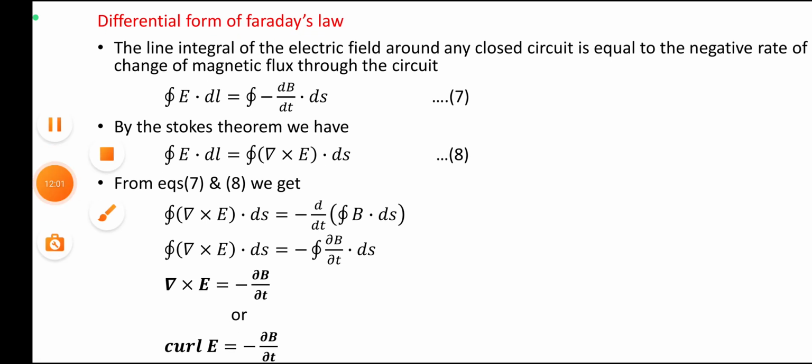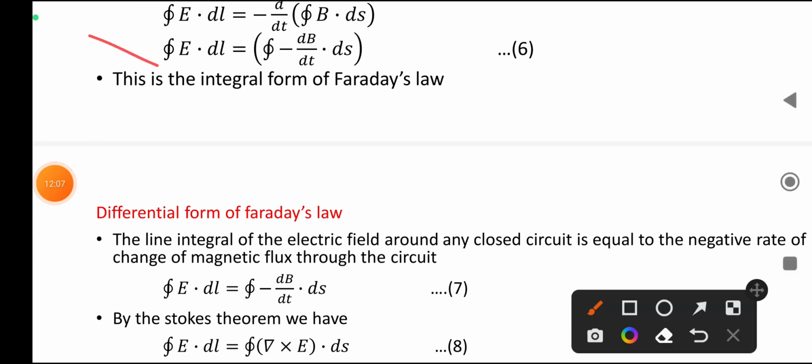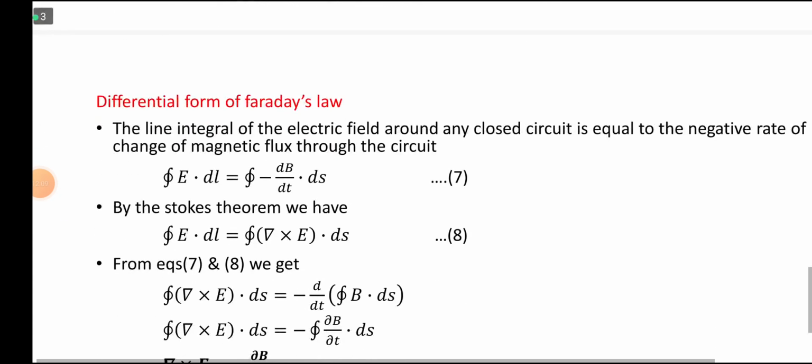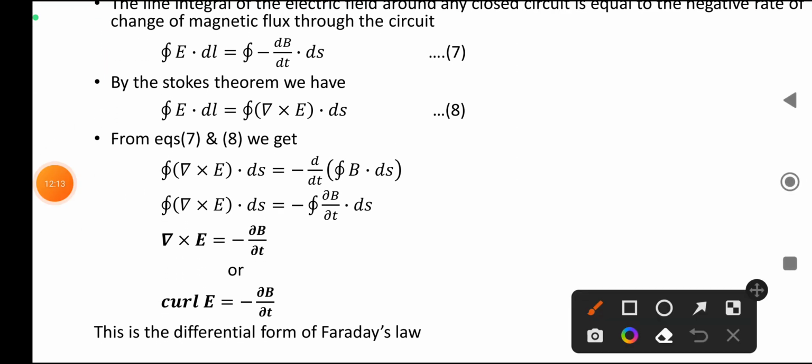Next, the differential form of Faraday's law. To calculate the differential form, we must take equation 6, the integral form. By using this only we can calculate the differential form. Now, integral of E dot dl is equal to integral of minus dB by dt dot ds. Now by Stokes theorem, convert this one.